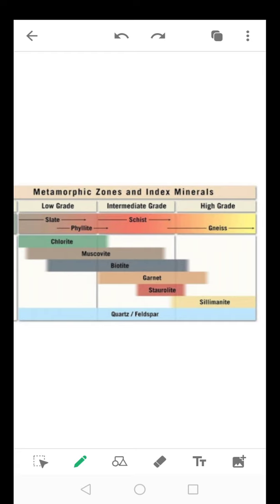Within every metamorphic setting, there will be rocks exposed to extreme temperatures and pressures.